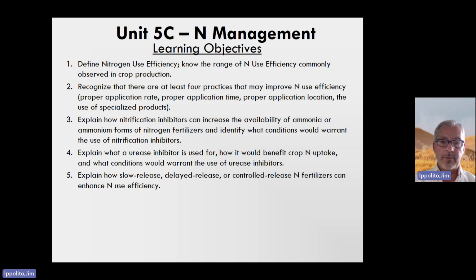So you know where the bottleneck would occur when using a urease inhibitor. Then the last objective is to explain how slow release, delayed release, or controlled release nitrogen fertilizers can help to enhance nitrogen use efficiency. So let's talk about the first learning objective for this unit.